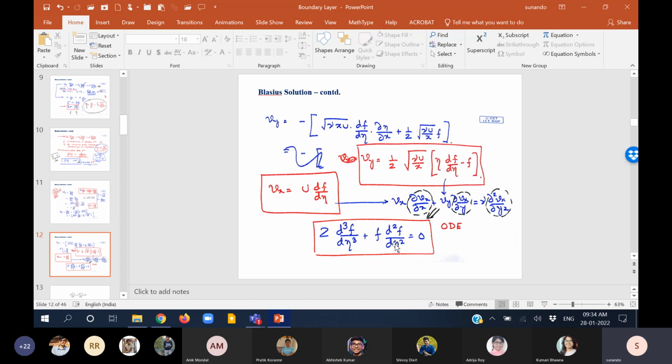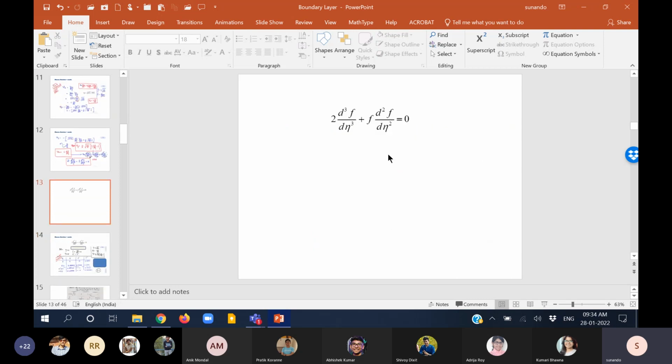The important observation is that it's an ODE right now, so it would be easier to solve as compared to the PDE that we were dealing with before. So this is what the equation is all about.